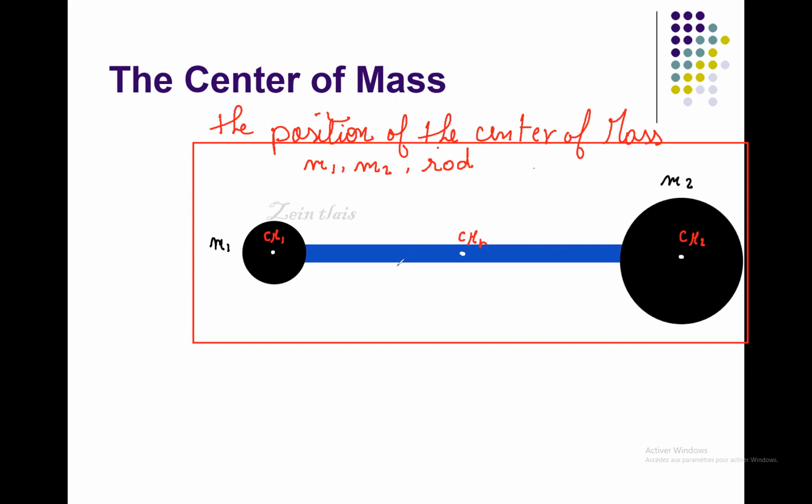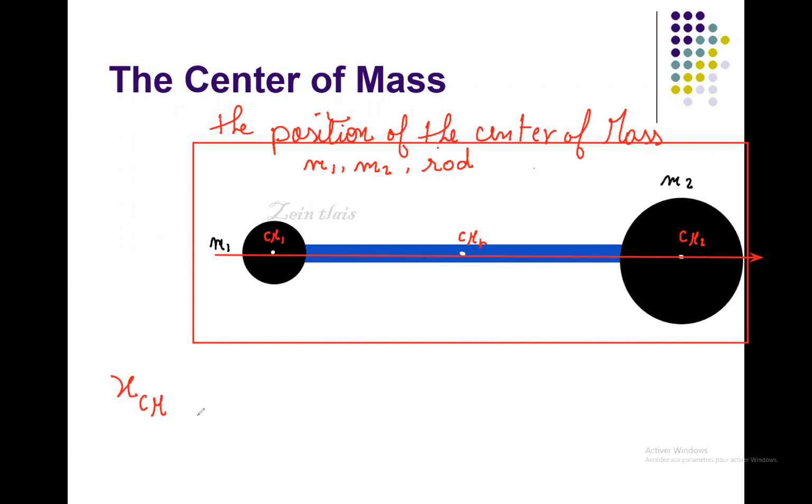Okay, in general, to calculate the center of mass, let's say we have x-axis here. We are working on the x-axis. So we have to find the position of the center of mass on the x-axis. We can say also we have to find x of the center of mass total.